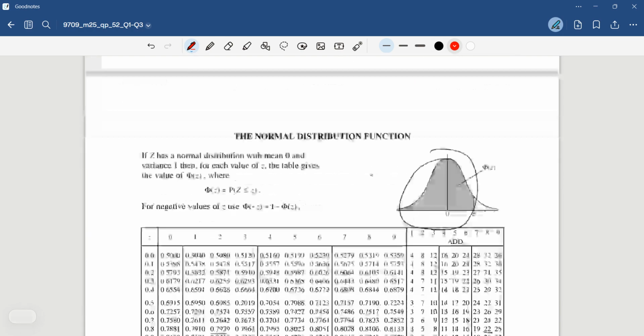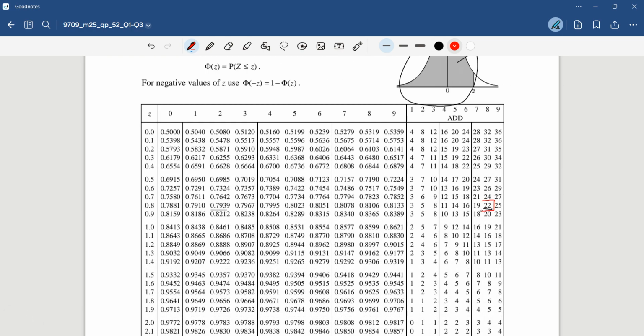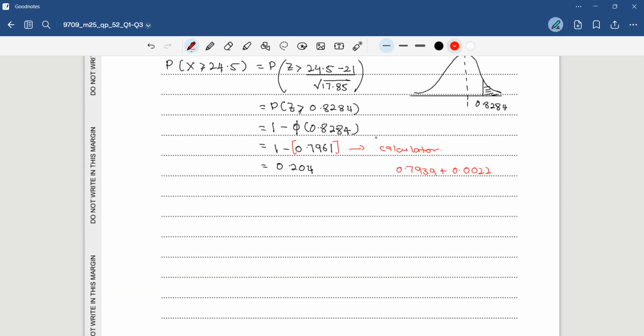Make sure whenever you write for this, you must use 4 decimal places. So you will get 0.7961.